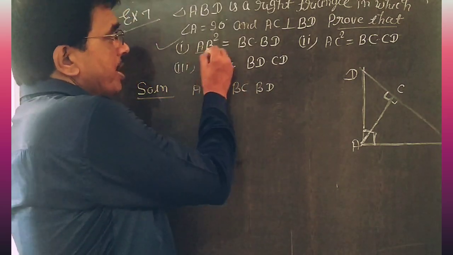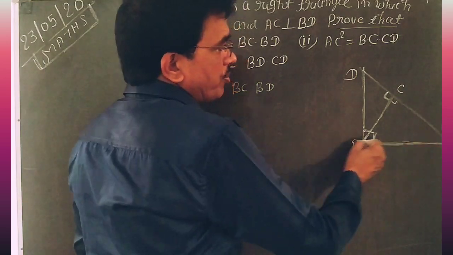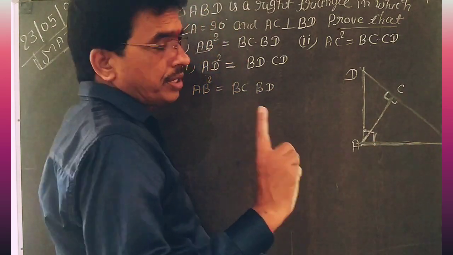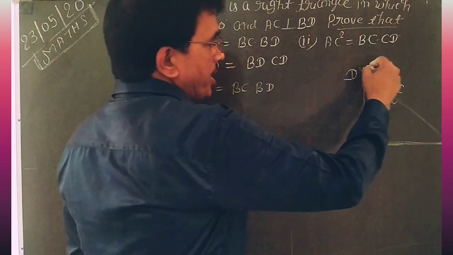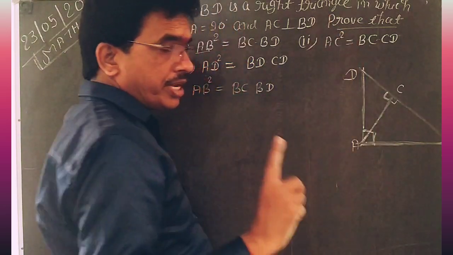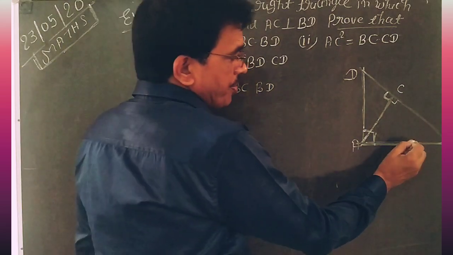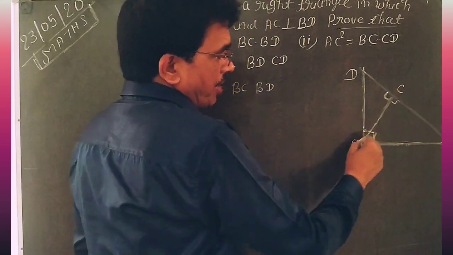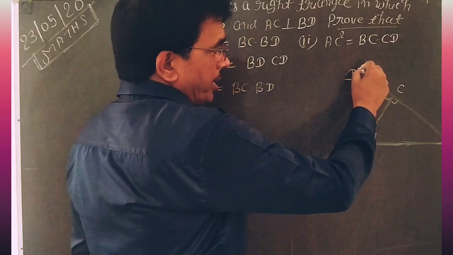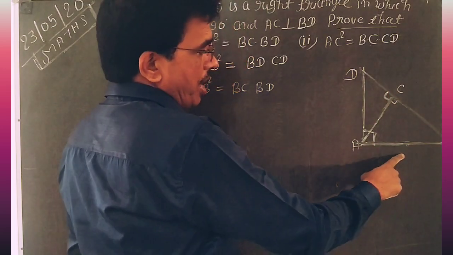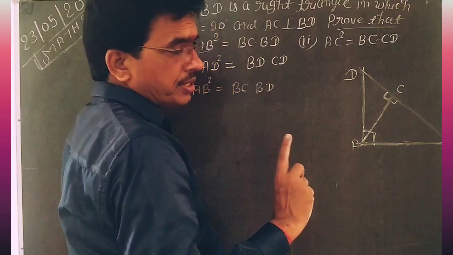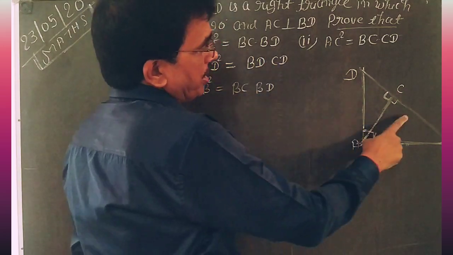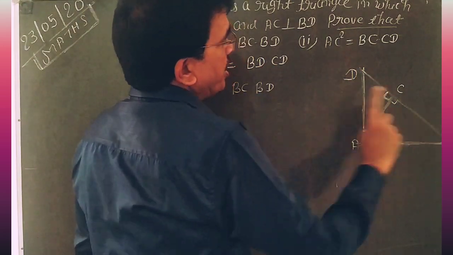Here is given AB square, AB two times, and BC into BD. It is clear AB two times means one time in a small triangle, another time in the large triangle. AB in ABC and also in ABD. And BC in the small triangle, BD in the large triangle.